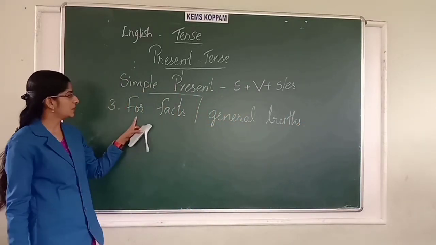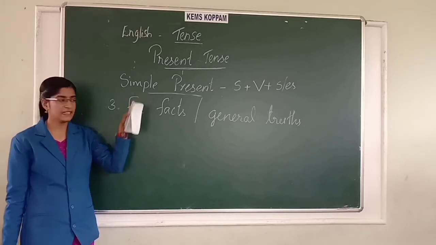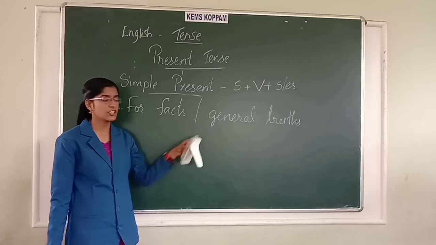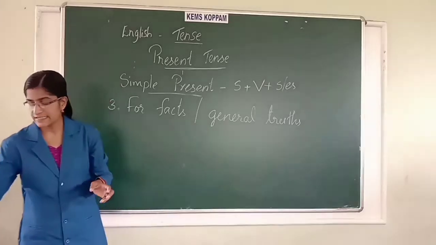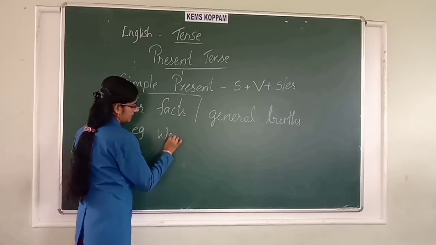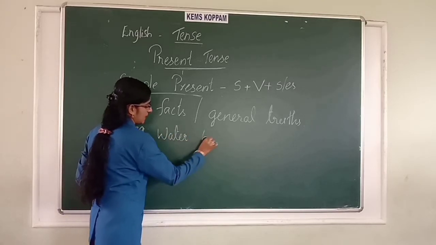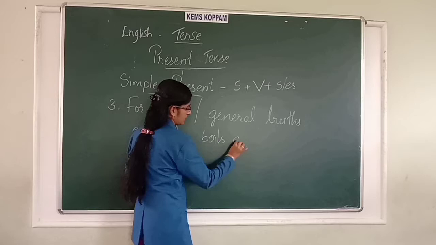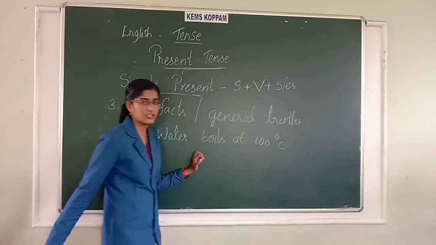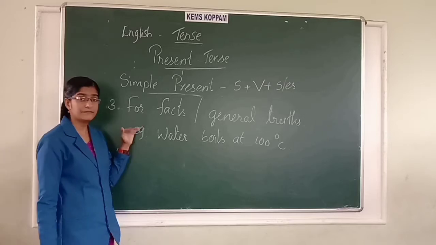The third use of simple present tense is for facts, or to denote facts or general truths. For example, water boils at 100 degrees Celsius. We can say it is a fact.